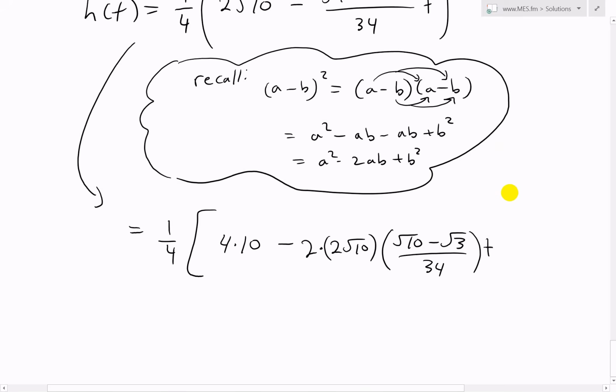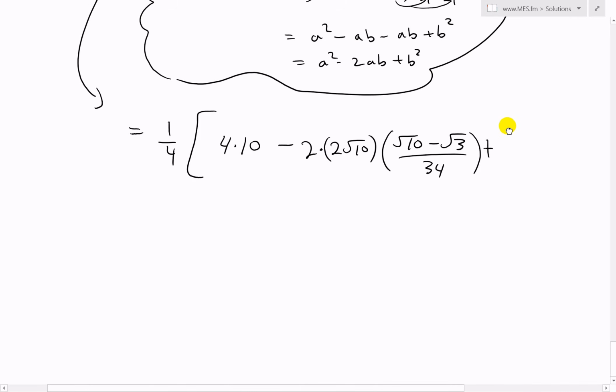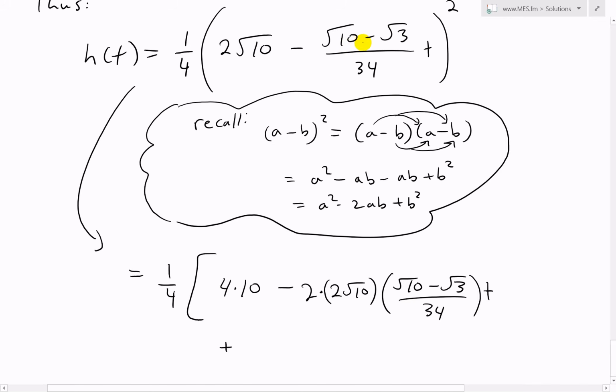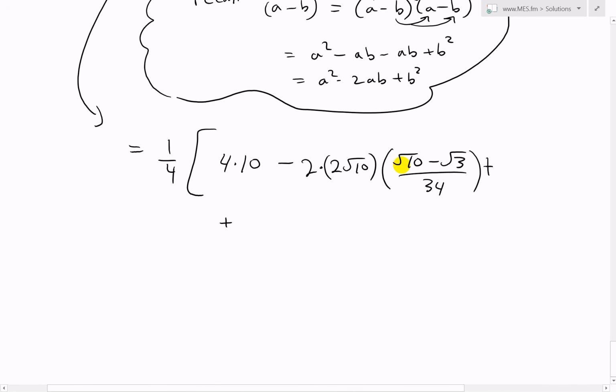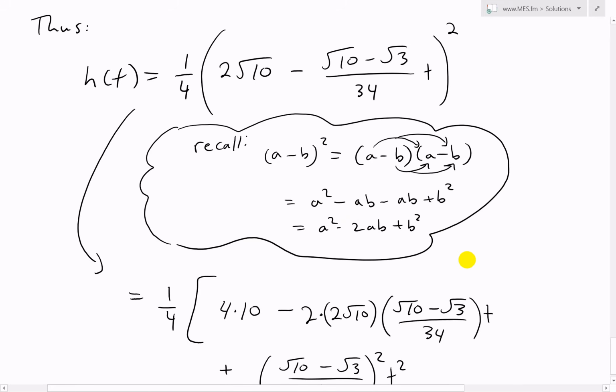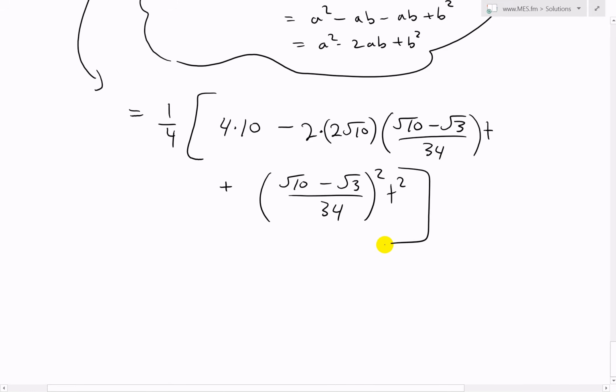And then the last one we add this b squared, which is just this whole thing, square root 10 minus square root 3 over 34. This is going to be squared, and also the t is going to be squared here, like that, and then bracket like that.